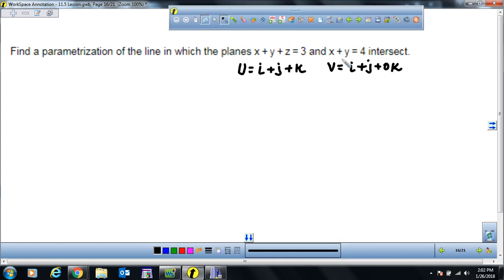In other words, one thing you need to keep in mind is that since these two vectors are perpendicular to the planes, if we do the cross product of them, they will give you a vector that is parallel to the planes.